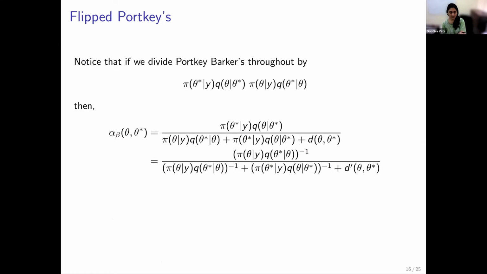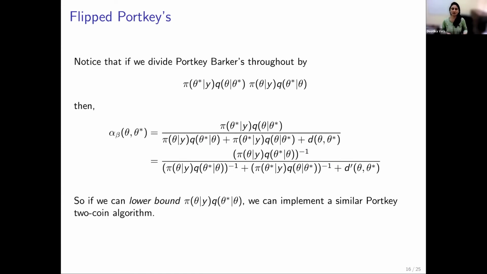Okay. Now, the other thing we note is that actually for both regular Barkers and our Portkey Barkers, we can also implement what is a flipped Portkey algorithm. So if we divide our Portkey Barkers by this product over here, pi times q at theta star and pi times q at theta, if we divide in the numerator and denominator, we just get something that looks like the same thing, but the inverse of each of those quantities, and a different symmetric function d prime, which means that I can now, instead of upper bounding pi and q, I can actually lower bound pi and q and get some c and p equivalently in terms of bounds.